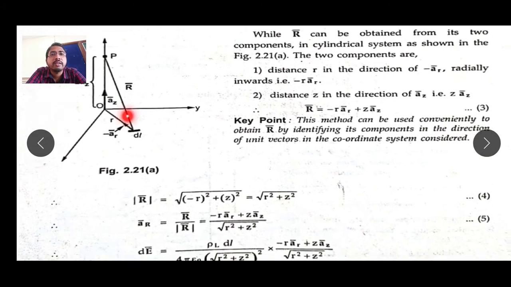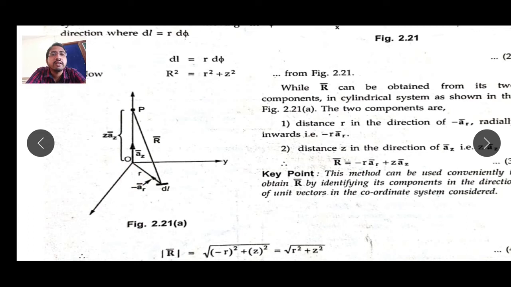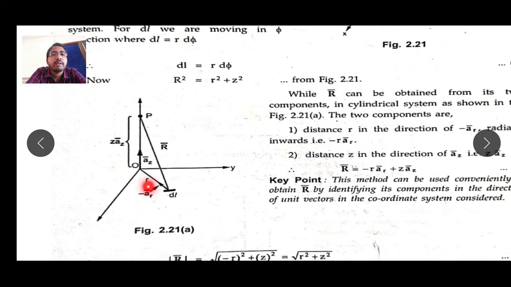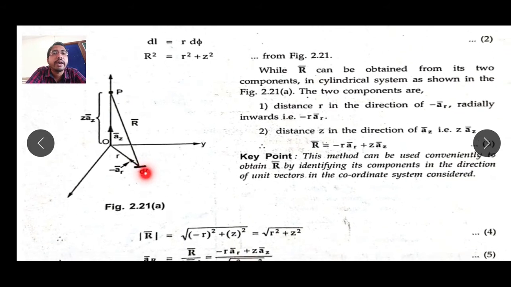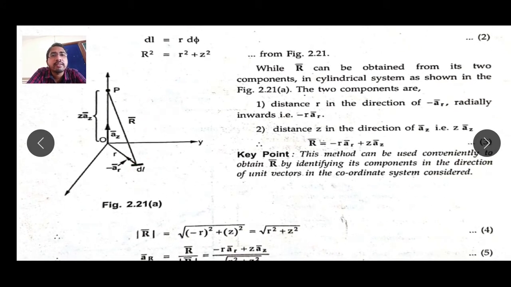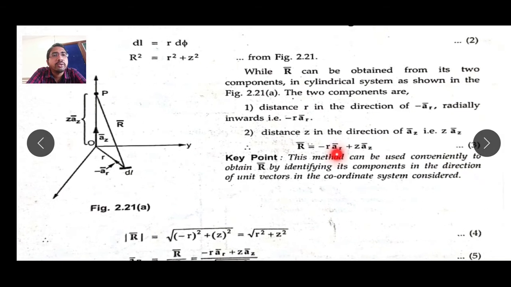R bar is nothing but the resultant of z into az bar and minus r into ar bar. Actually ar bar will be outwards, the unit vector perpendicular to the surface of the cylinder, but here we should take the distance inside, then only you will get the resultant. Inside means minus ar bar. So r bar is z into az bar minus r into ar bar.